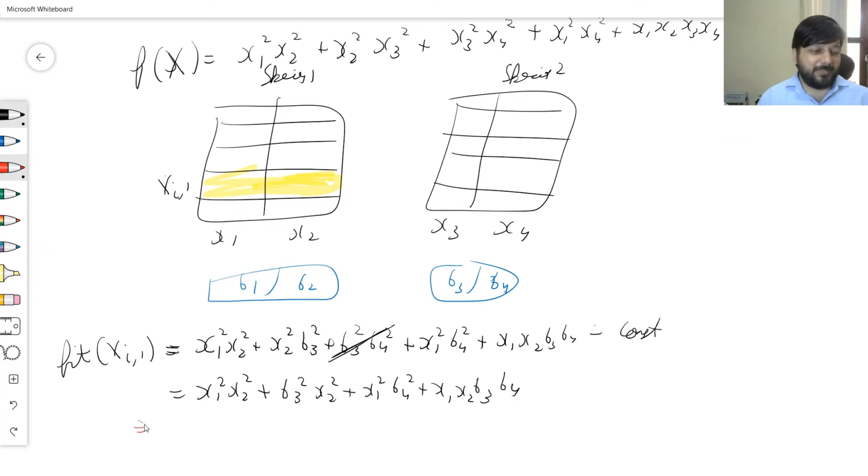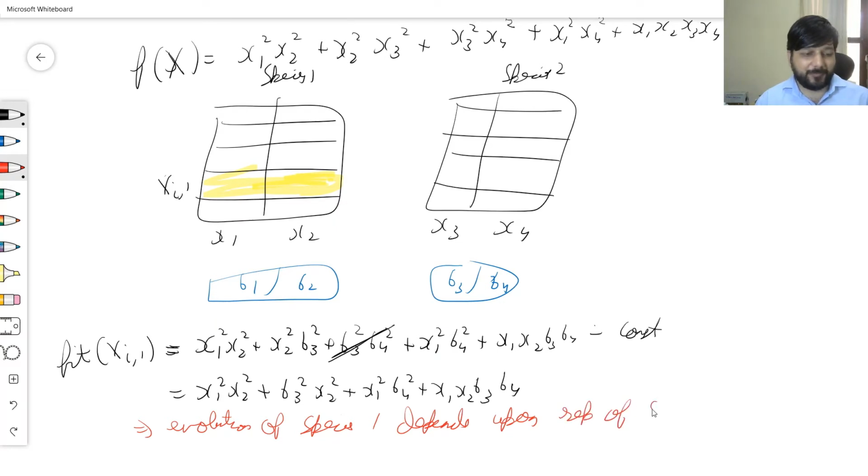So now evolution of species 1 depends upon representatives of species 2, and in this case it highly depends.